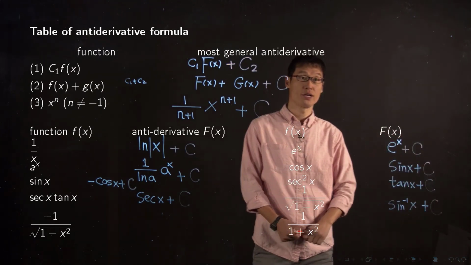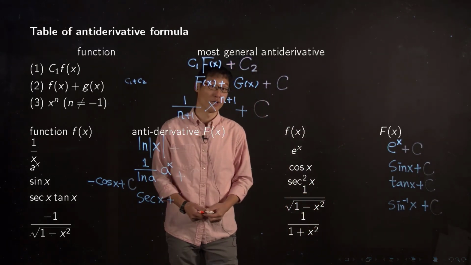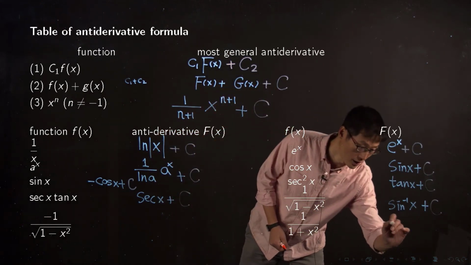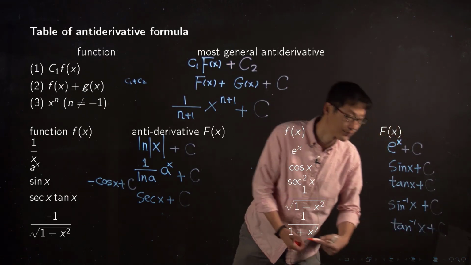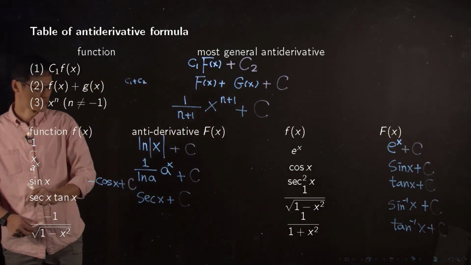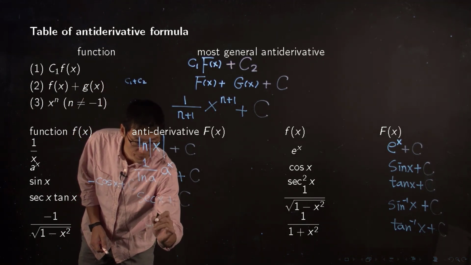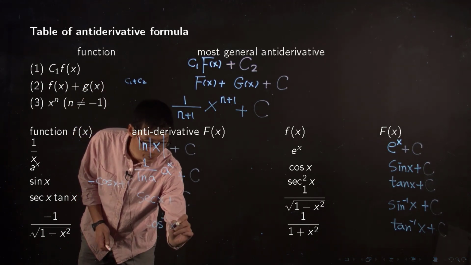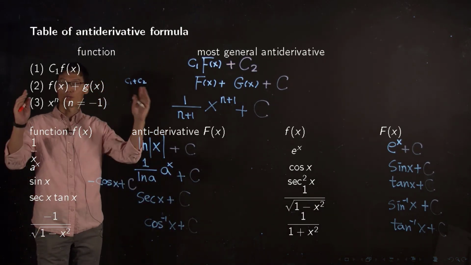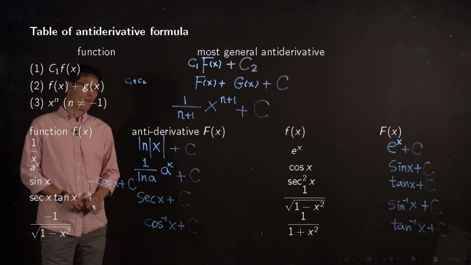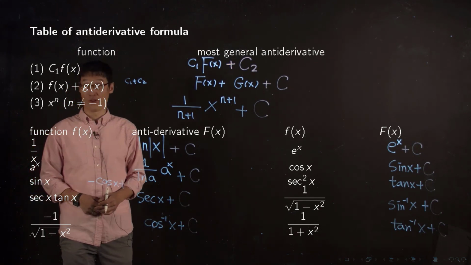So derivative of arcsine is this function. That's why this is the most general antiderivative. And this is arctangent. And then this is arccosine. So we can use this table to get the most general antiderivative for various functions.